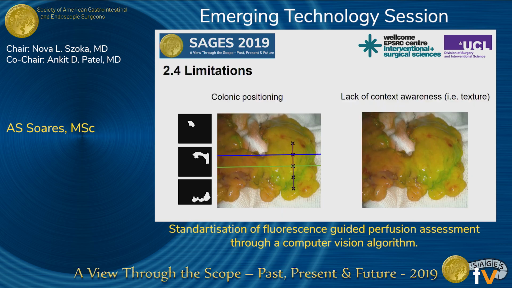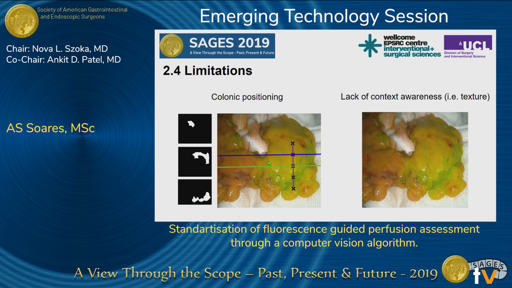Now, some limitations need to be addressed. The fact that we were seeing linearly positioned colons led to those results that you saw. However, when the colon is not linear, as you can see here, the clusters that the algorithm identifies are abnormal, and this is an unacceptable result of the algorithm.